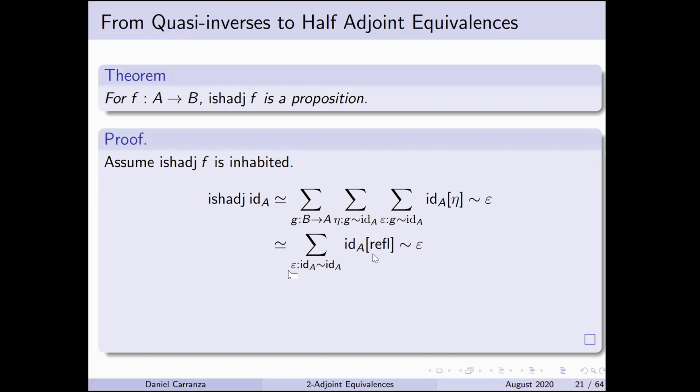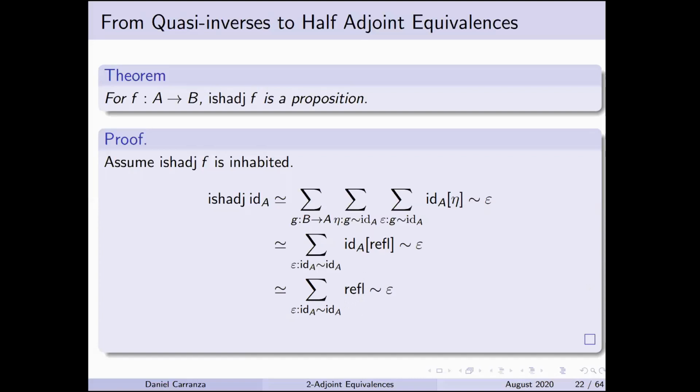We remember that refl on AP is just refl. And we remember from based homotopy induction that this is a contractible type. It's a contractible type because epsilon is a homotopy, and a homotopy is just a kind of dependent function. So really, this is the type of functions that are homotopic to the reflexivity homotopy.